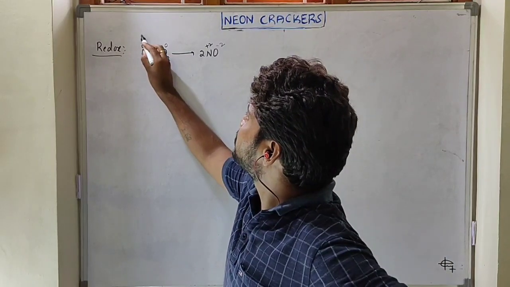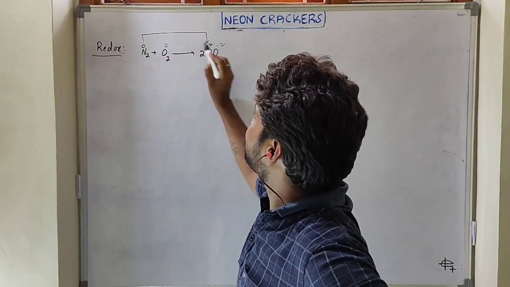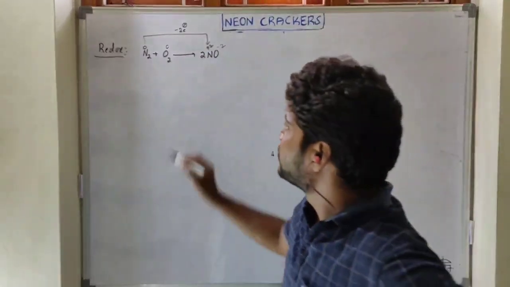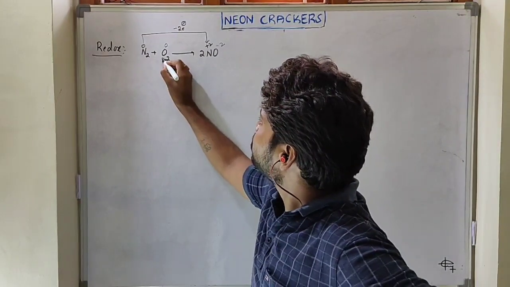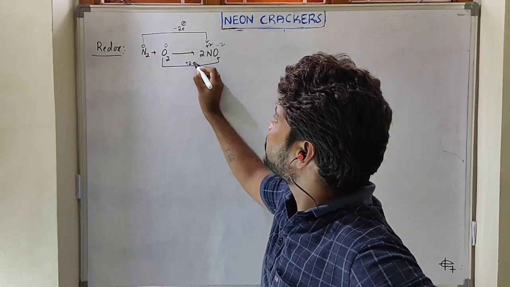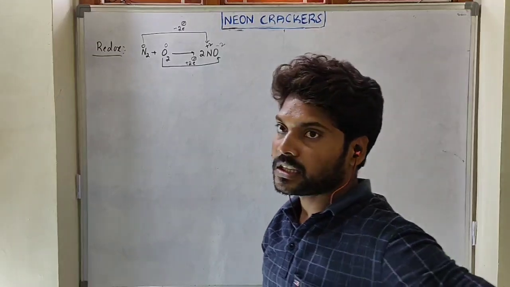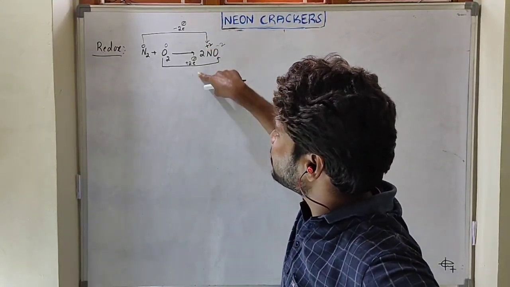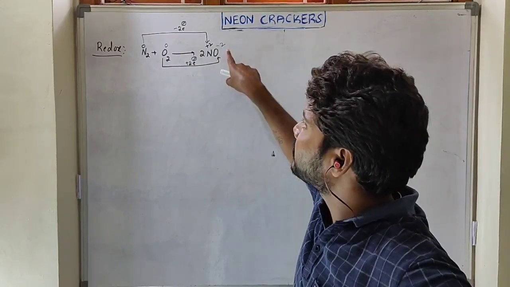So nitrogen goes from 0 to +2. What happened here? Removal of 2 electrons. So what is that? Oxidation. Here oxygen goes from 0 to -2, so adding 2 electrons. So what is this? Reduction. So in a chemical reaction, when both oxidation as well as reduction occur, the reaction is said to be a redox reaction.